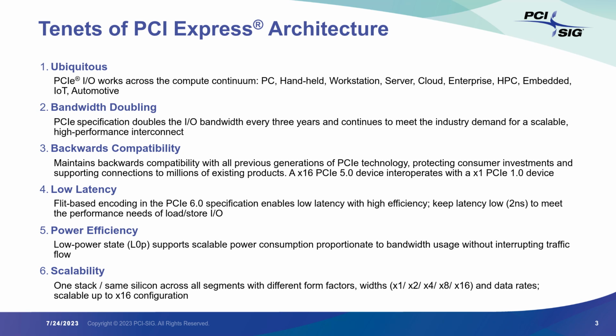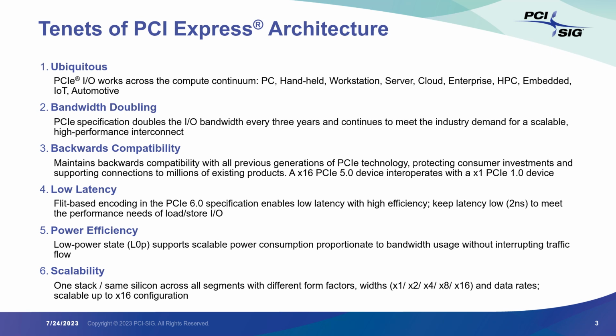One of the other benefits of using PCI Express is its low latency. It's a Flit-based encoding in the latest PCI-SIG specification. We keep latency low. It's around 2 nanoseconds. This allows us to meet the performance needs of a load store IO architecture. Fundamentally, we're very power efficient, with a low power state built into the specification that allows us to proportionally moderate bandwidth usage without interrupting the flow.